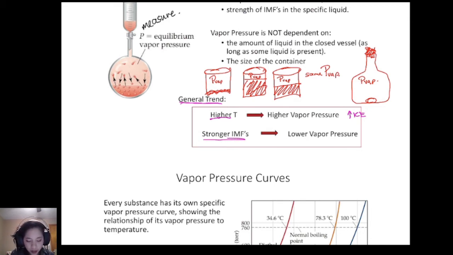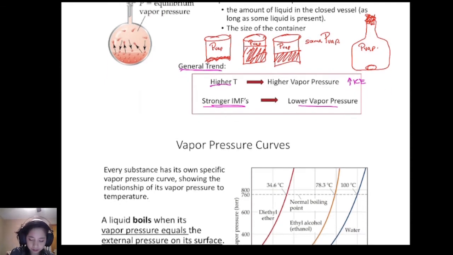Also, if we think about intermolecular forces, if there's more intermolecular forces available in a sample, it will have a lower vapor pressure because you can just think those liquid molecules are hugging one another. They don't want to leave the liquid phase to go into the gas phase. Right? Okay. Holding on to the liquid phase.